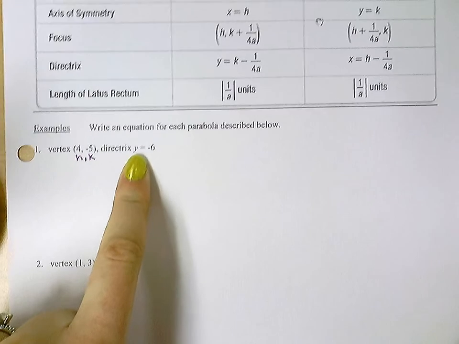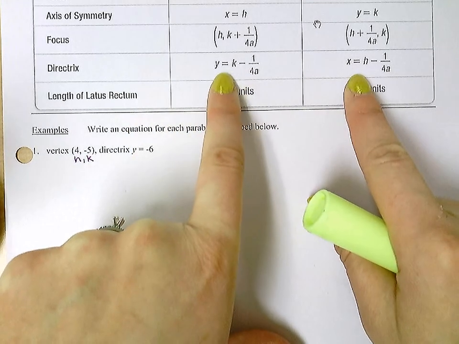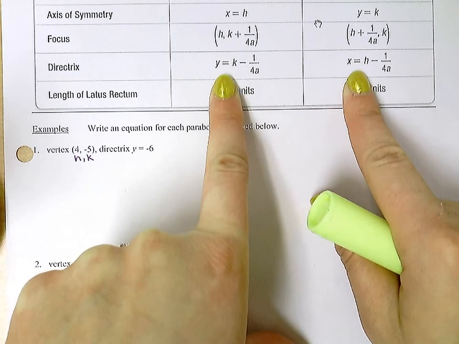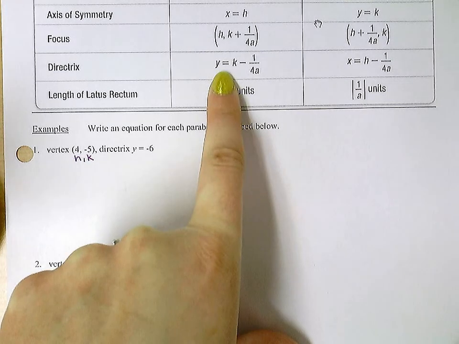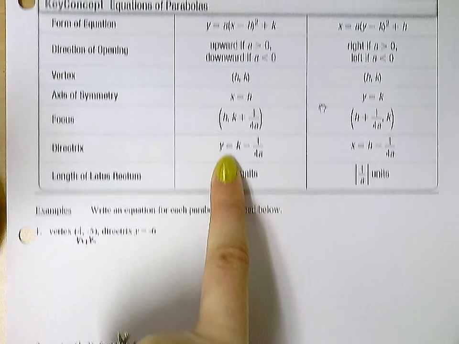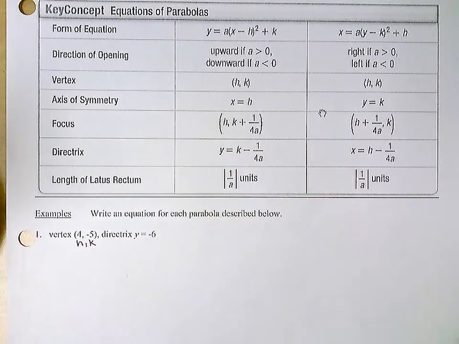So I'm going to look at my chart and see which one of my directrixes is y equals. This one is x equals, this one is y equals. Since this one is y equals, that means I'm writing my equation in this form, as a y equals equation.